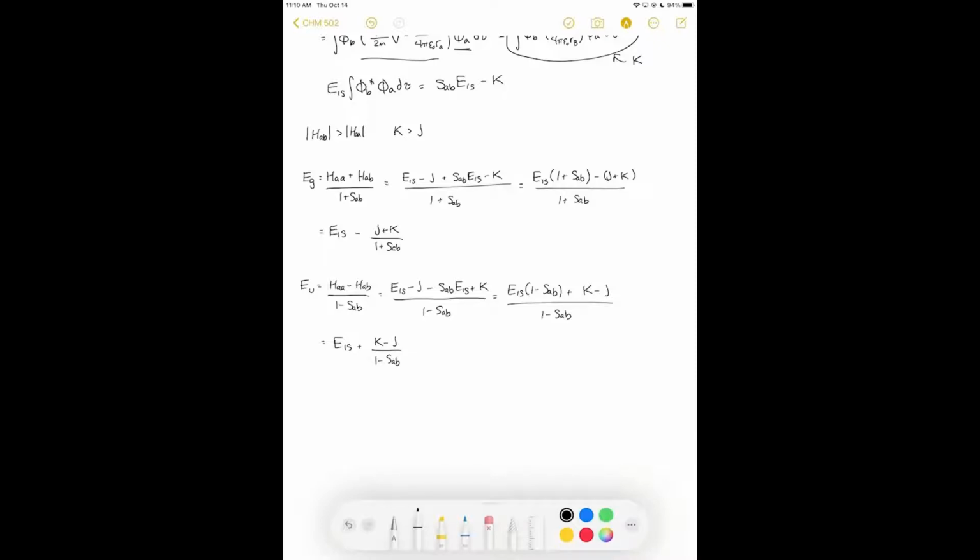And remember, our quantum mechanical calculation suggests that K is greater than J, and so that means that this number over here is positive, which will shift the energy up. And since the denominator here is going to be smaller than the denominator for EG, that will be shifted up further than EG will be shifted down.